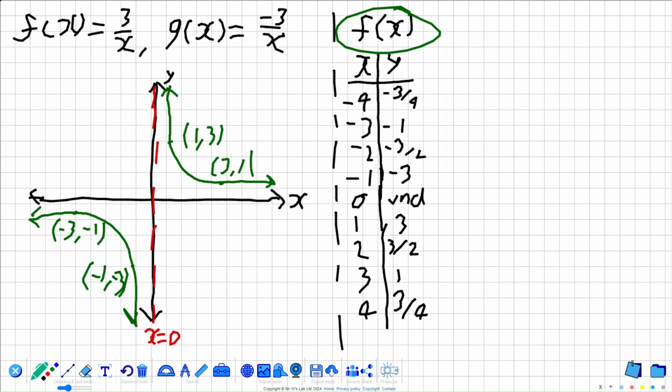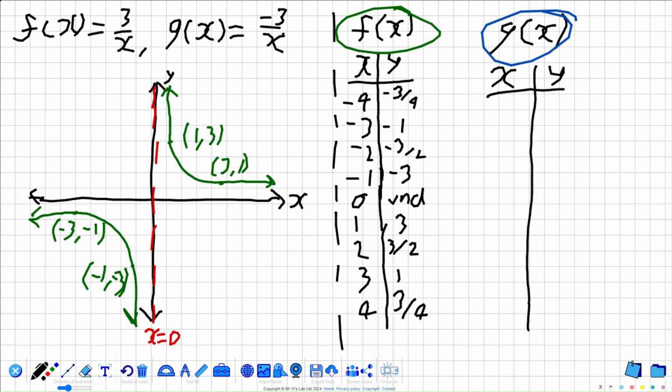But then what we can do is do the same for g of x. And to make it very clear, we'll put that one in blue, and we'll create our x and y tables here. And then I reckon we can do similar values, so -4, -3, -2, -1, 0, 1, 2, 3, 4, like that.